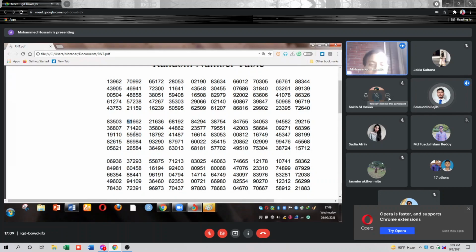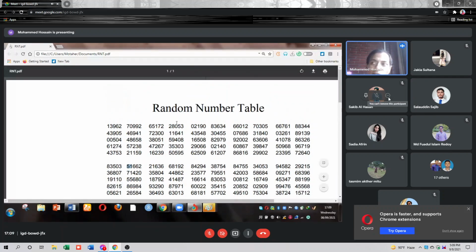This is the random number table, because this method is called the random number generator. Whenever you want to apply the simple random sampling technique, you should apply either the random number generator, the lottery method, or the remainder method. Because we are applying the random number generator, that's why we are using this table. You got my point?